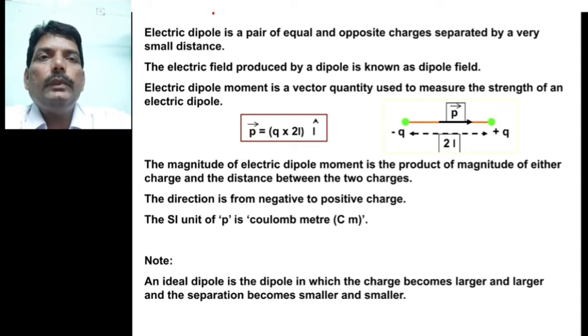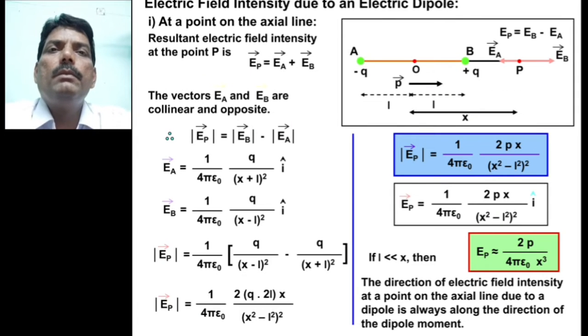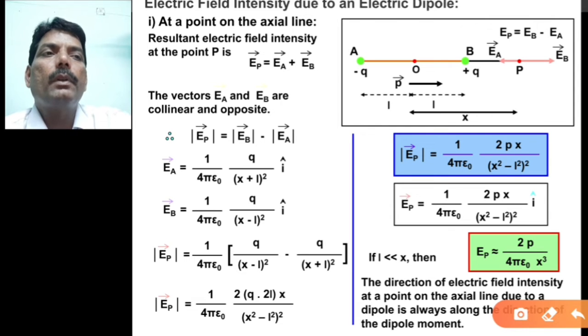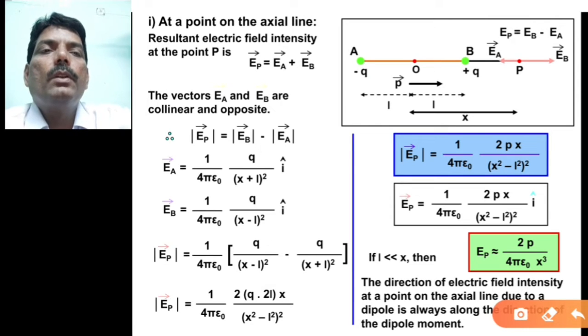In the next one we will find the electric field intensity due to an electric dipole. Means if you have a dipole, then what is the electric field strength of the electric dipole?